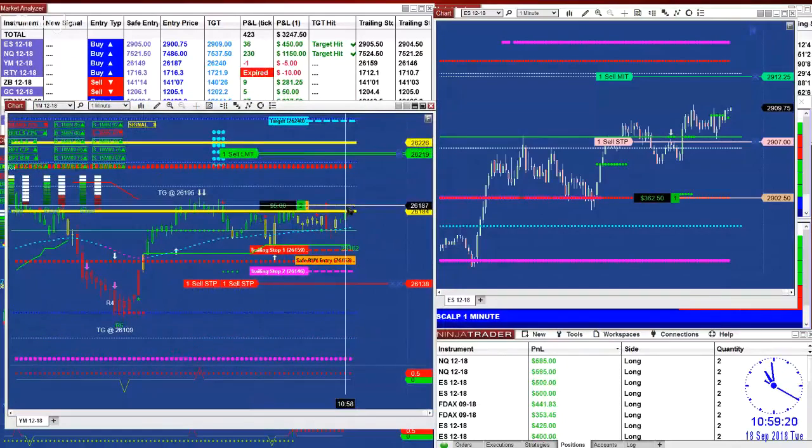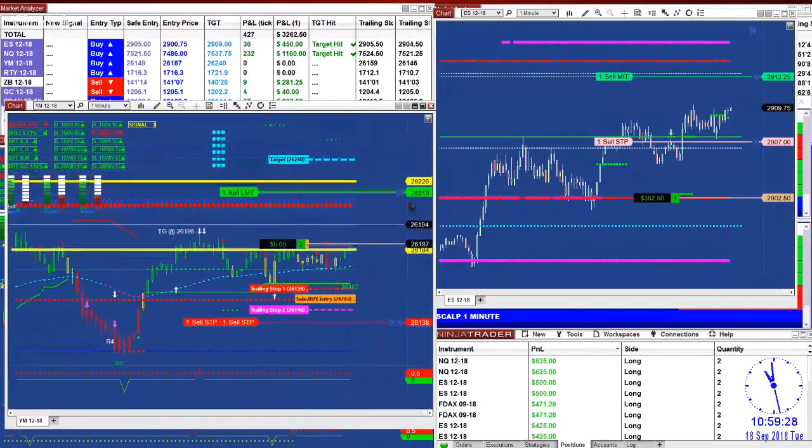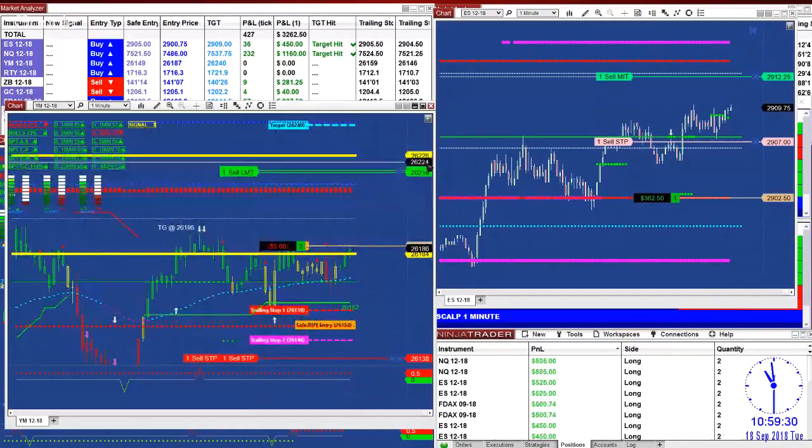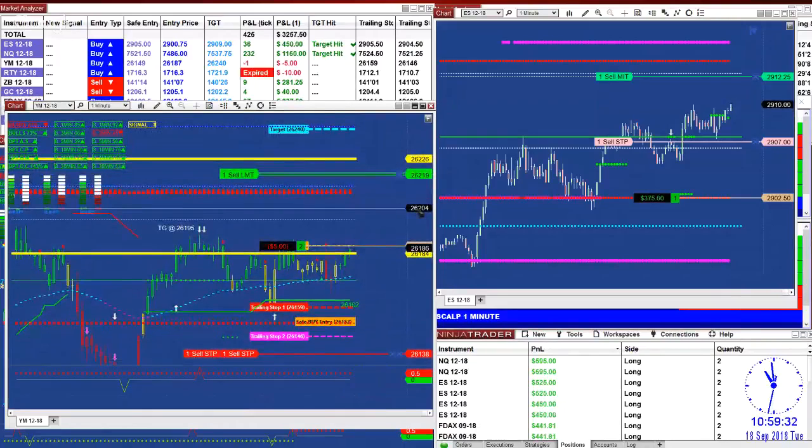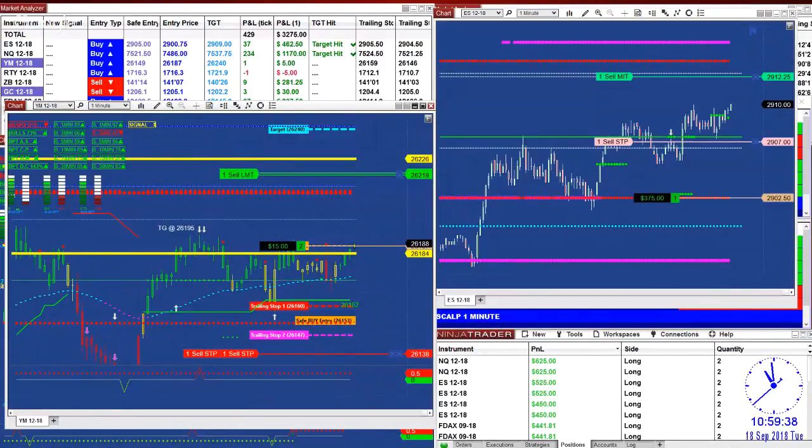This is right now the entry price, a new entry on the YM. And it is a very nice trade. There we go. Okay, we have a liftoff.